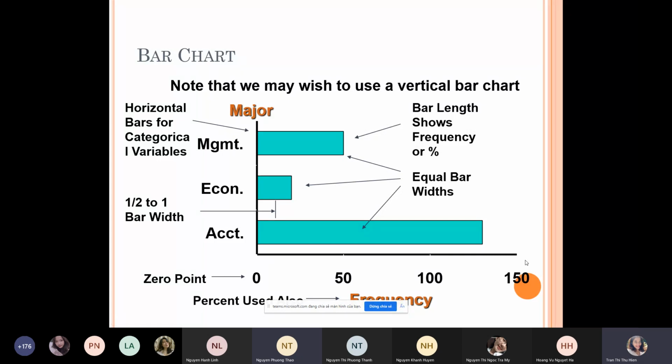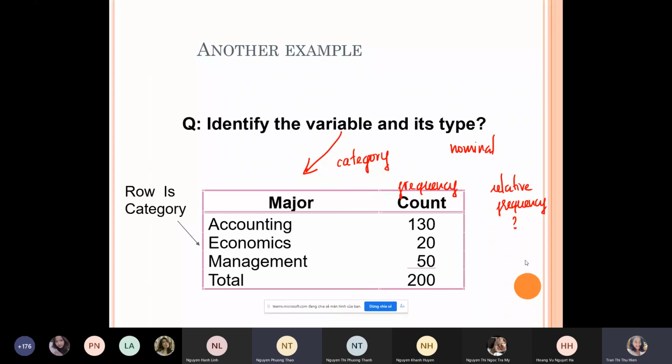Okay, so the bar chart is a graphical device for depicting qualitative data summarized in a frequency, relative frequency, or percent frequency distribution. Can you guess, is this the frequency or relative frequency?